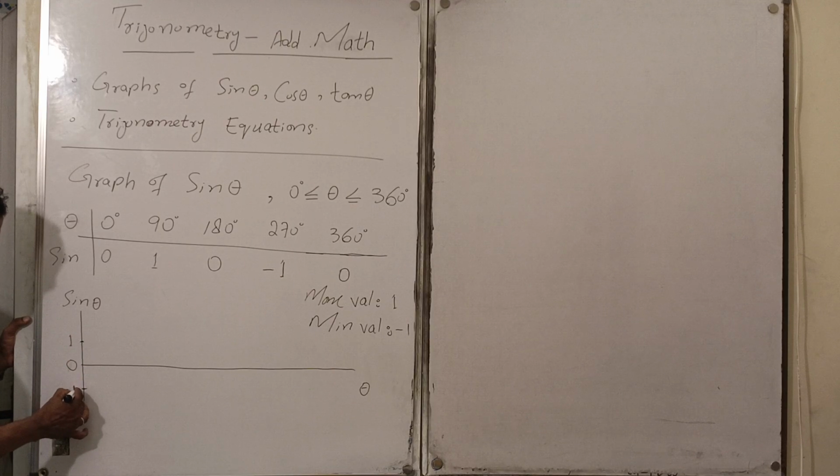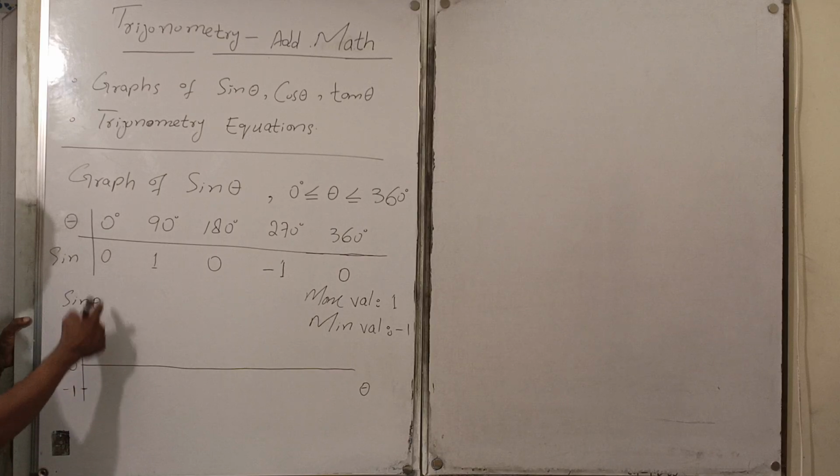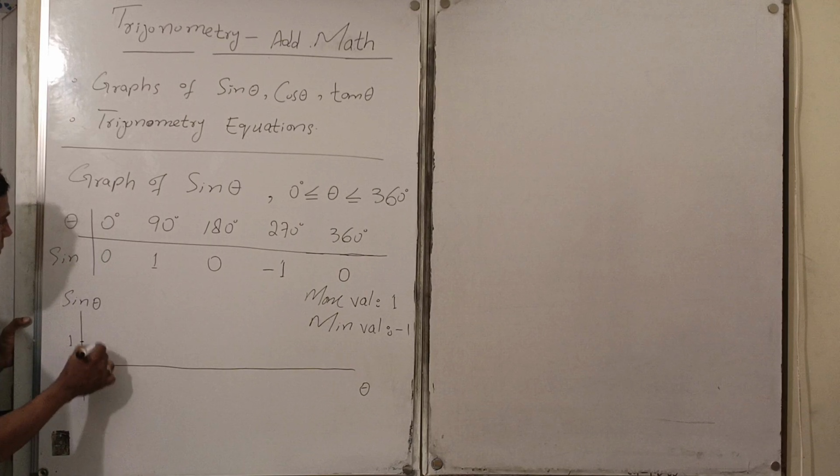Now put the value here at 0. When the value is 0, you will have this point.